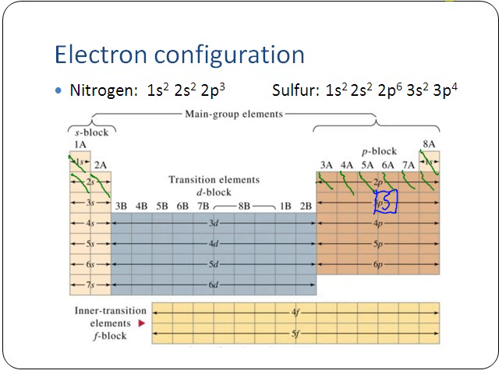The 2p6, so we have 1s2, 2s2, 2p6. Then we have to go down to the 3s. It has 2 in the 3s, so 3s2. Then it has 1, 2, 3, 4 in the 3p, so it would be 3p4, just like that. And so that would be the electron configuration for sulfur.